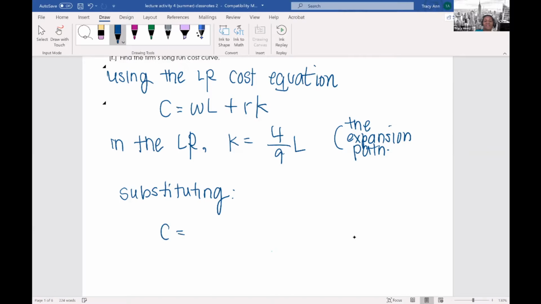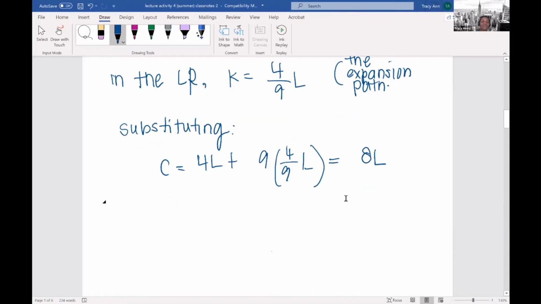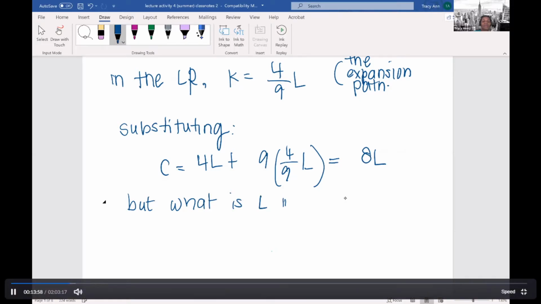We have C is equal to 4L plus 9 times 4/9L. And this is equal to 8L. So now we have our cost equation, C is equal to 8L. So then you say, but what is L in terms of quantity?